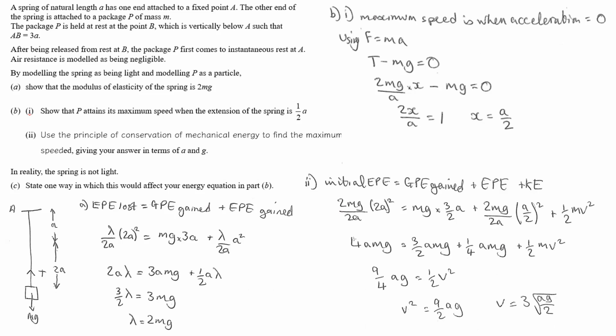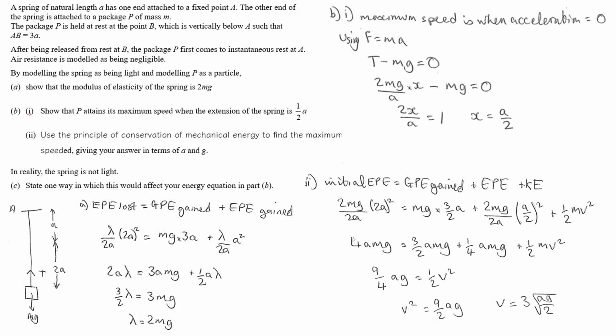It's extended to 2a, so it's x squared over 2a. What I've done there is, after the natural length, I've referenced that as a 0 point, where the extension is 0.